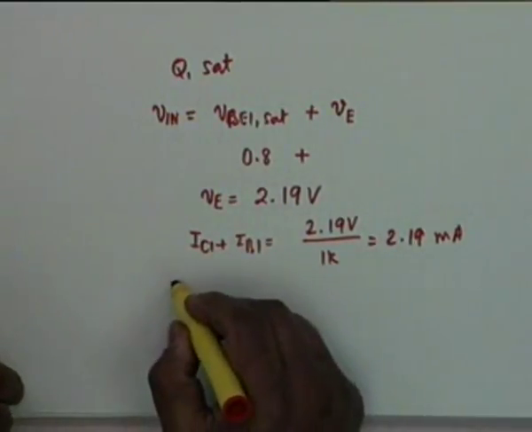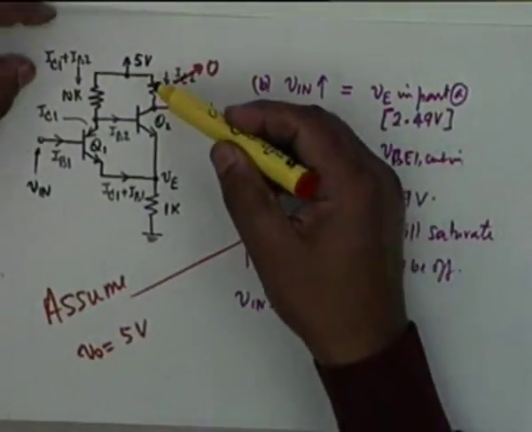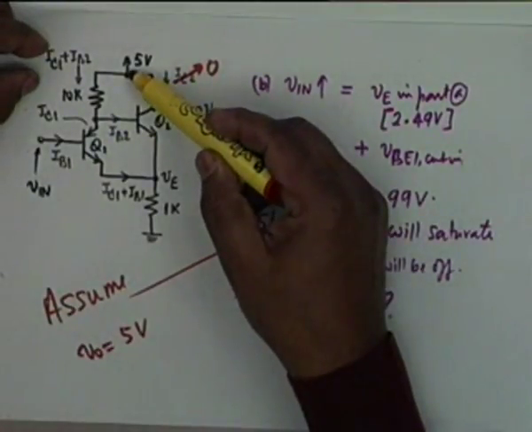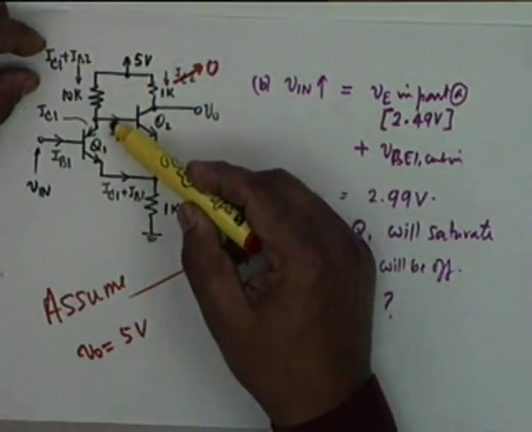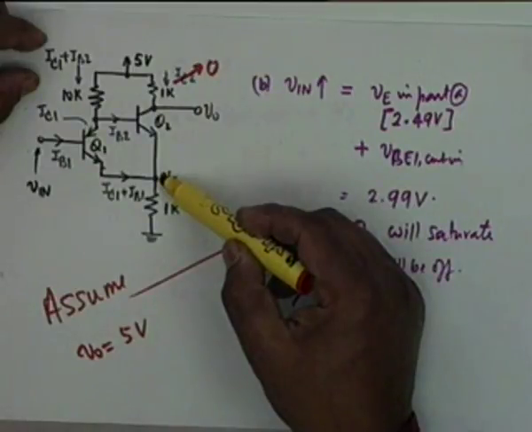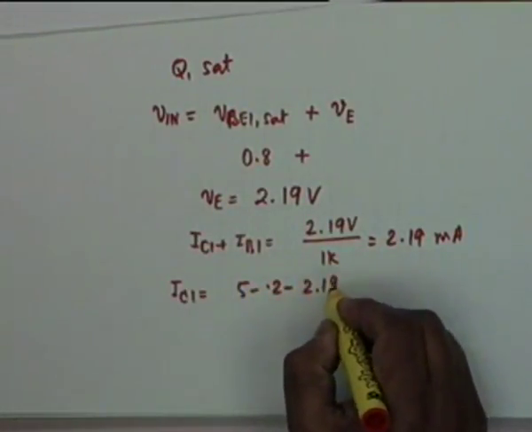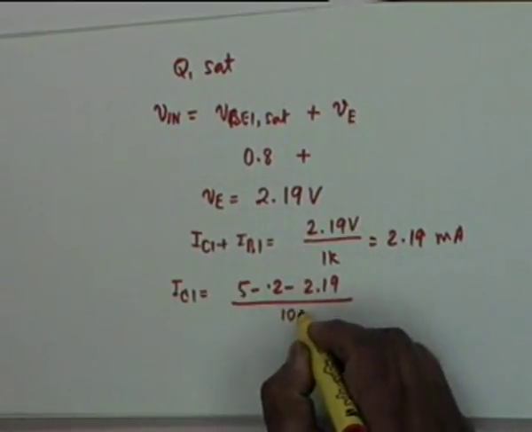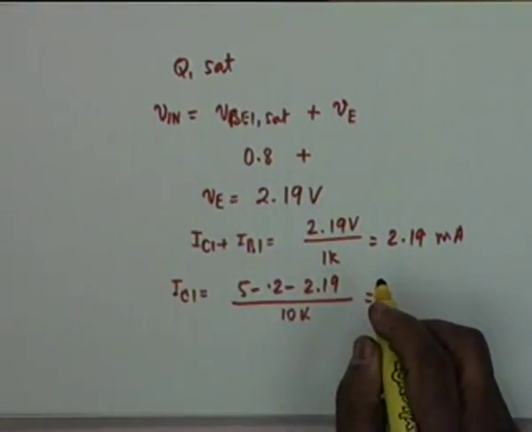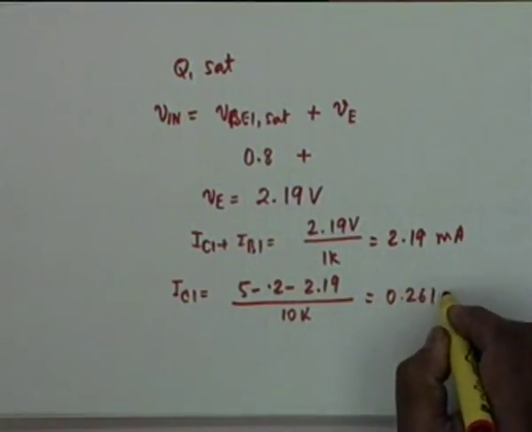I can also find out IC1 as 5 minus 0.2 minus 2.19 divided by 10K, and this works out to 0.261 milliampere.